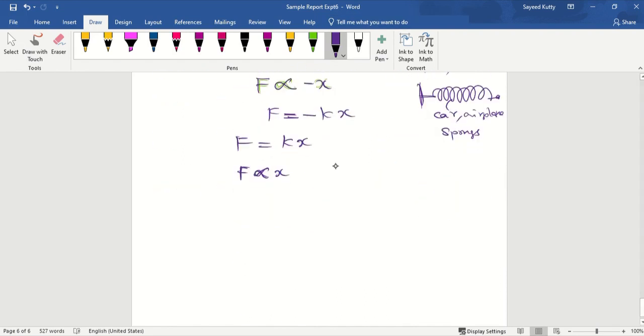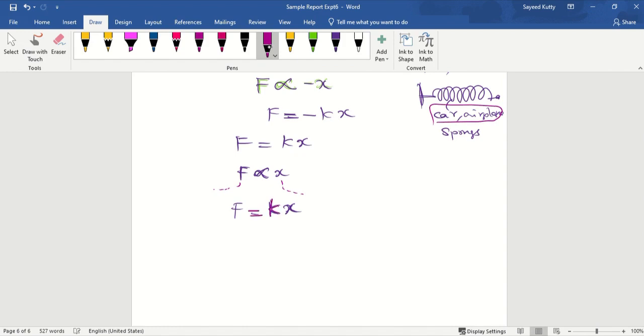So F is directly proportional to X, or F is equal to Kx, where K is a constant we call the spring constant. And you understand that this is true for every spring. As you increase the force, the extension or the compression will increase, whether it is a light spring, a hard spring or a heavy spring.